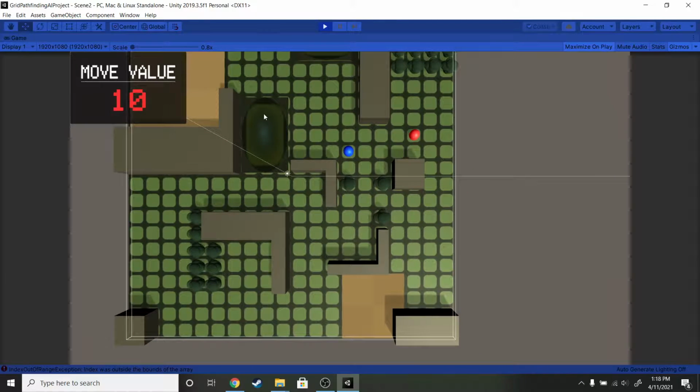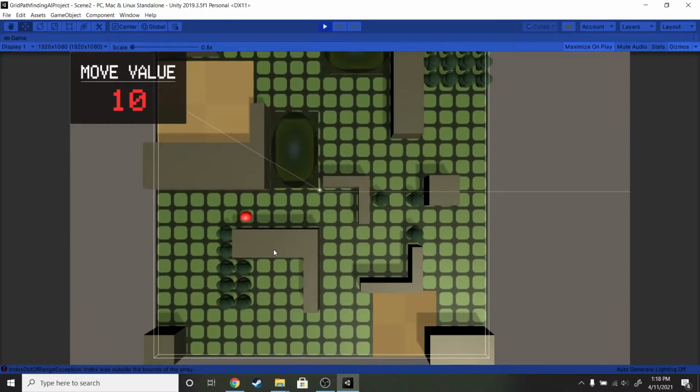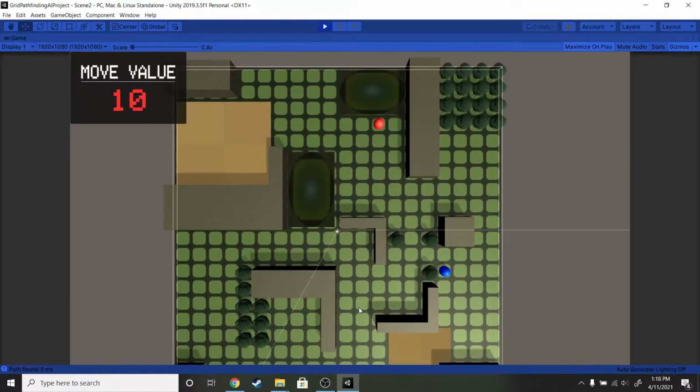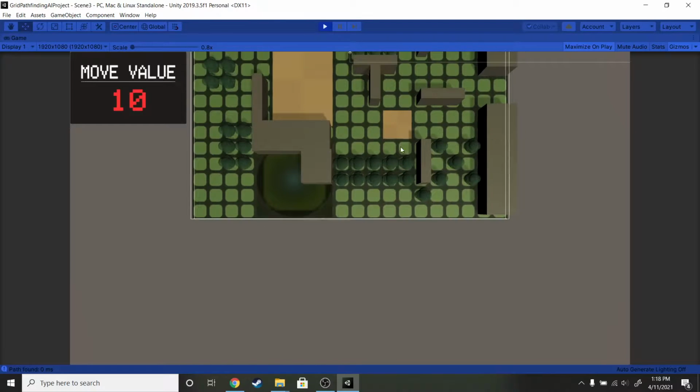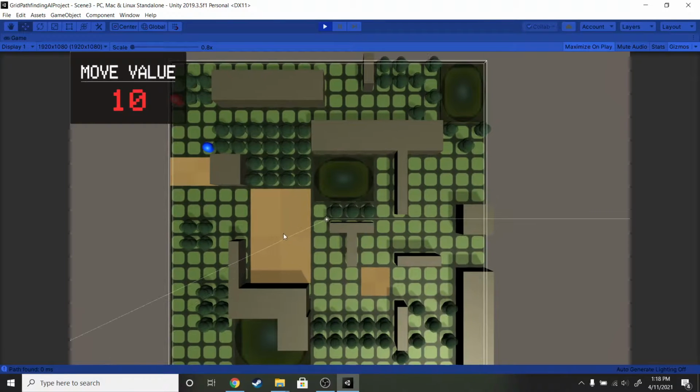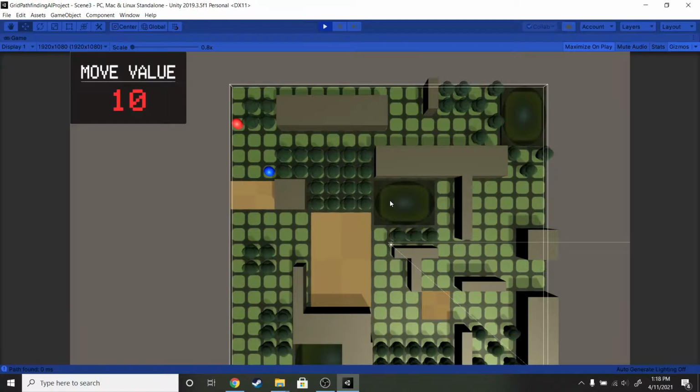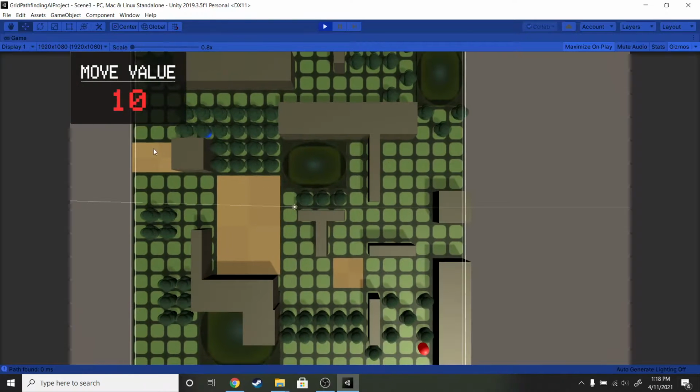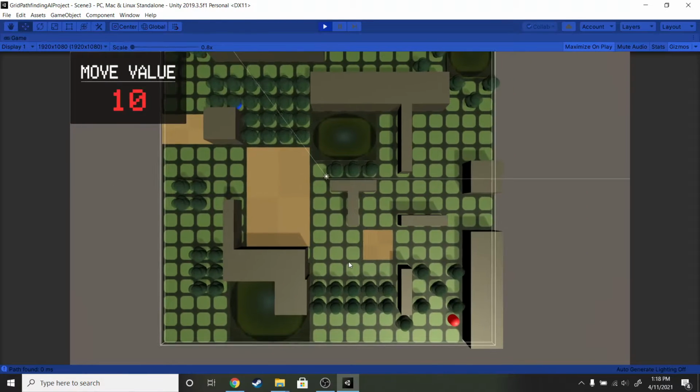Some alternative maps. As you can see, I have set the characters to randomly spawn.